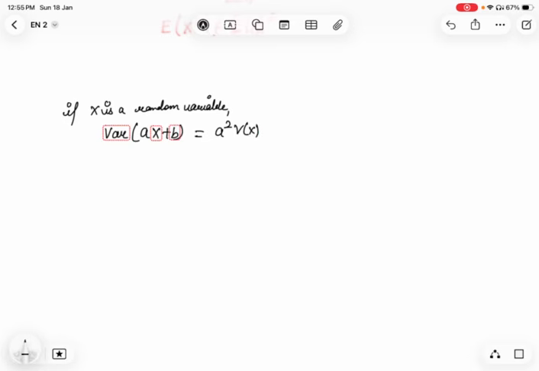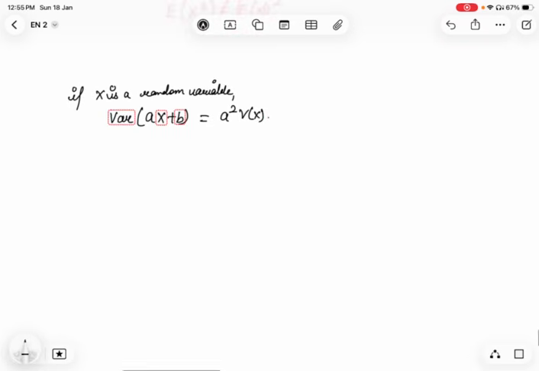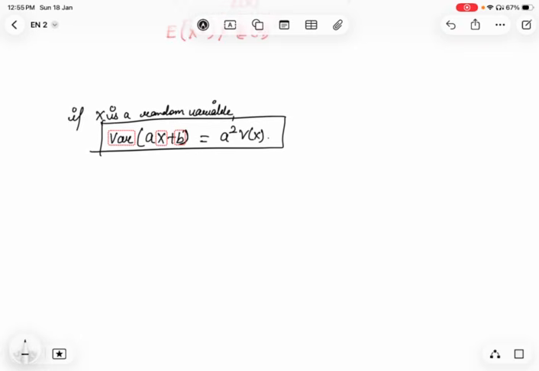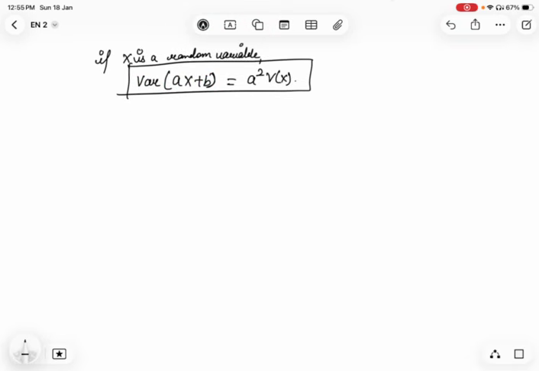Now, some concepts of variance. If x is a random variable, then the variance of ax plus b is a squared into the variance of x. These are also important. I don't get into the proof because the proof is very easy, but you have to remember the concepts. If time permits, I will show the proof, but remembering the concept is important.